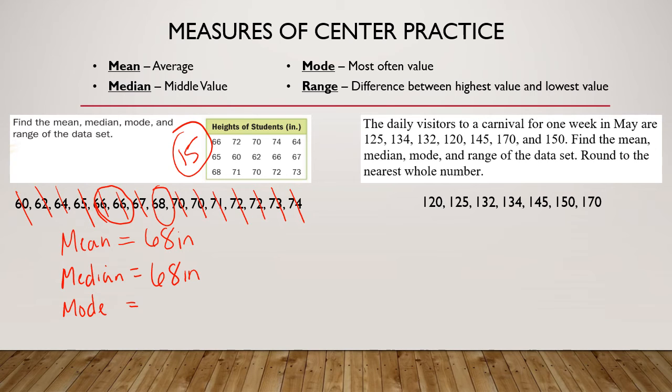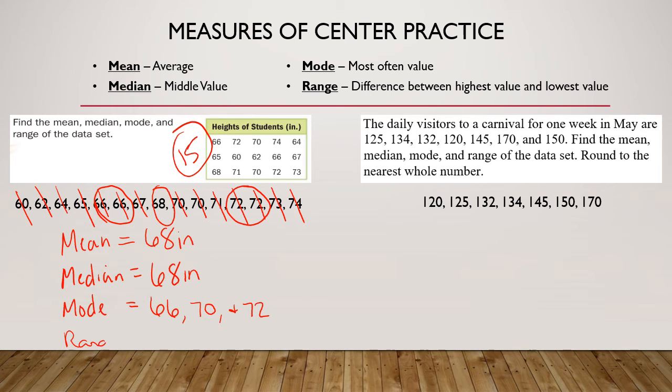I know this is kind of hard to see from my crossing out. And there's also 2 72s. Okay, so my modes would be all of those: 66, 70, and 72. Okay, so you can have more than one, but the values need to duplicate at least once, and I'll show you that in the next example.